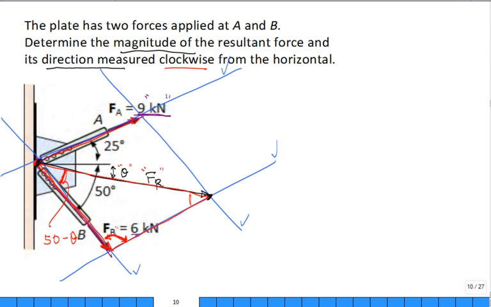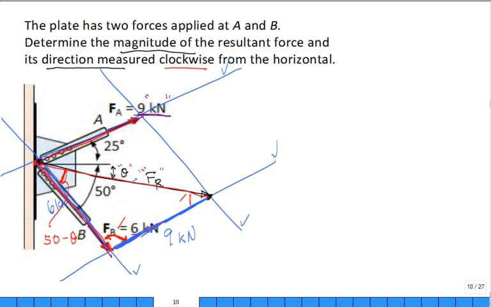And we don't know this one either, and we don't know those interior angles, but we do know the lengths of the sides. The length of this side is 9 in units, think of kilonewtons, and the length of this one on this side is 6 kilonewtons.